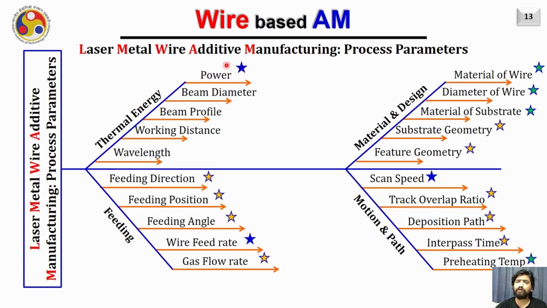And typically, if you want to change the material, the parameter typically controlled to give different energy so that you can melt different types of wires is the power.